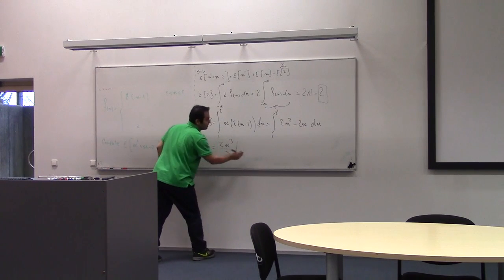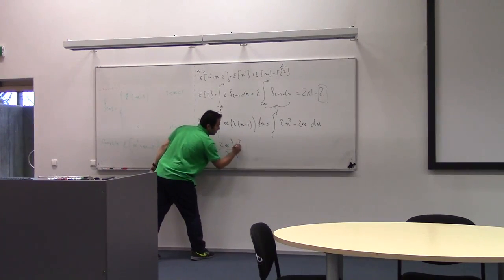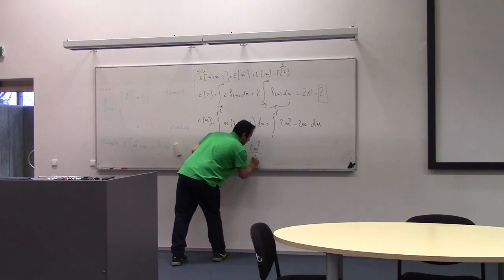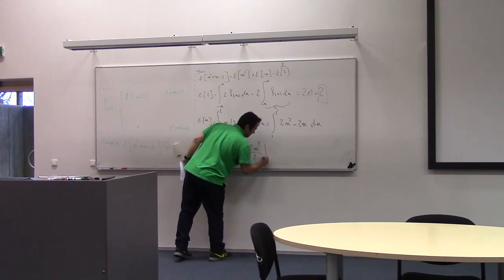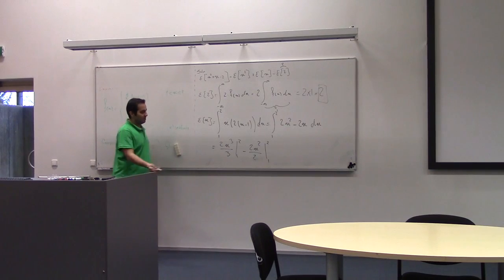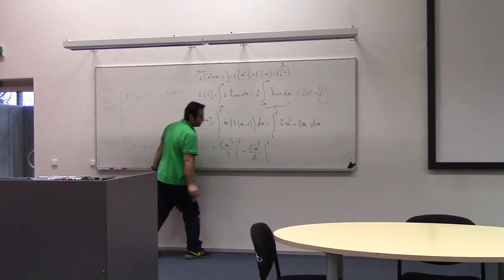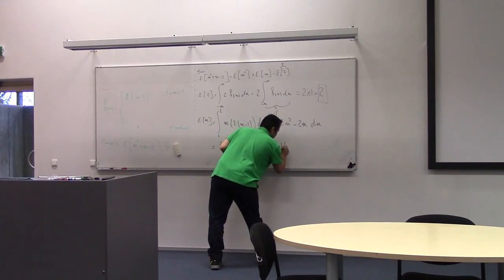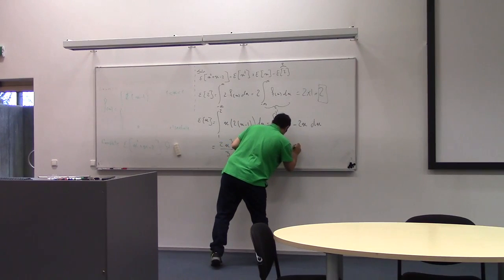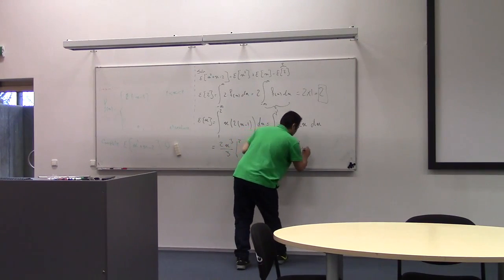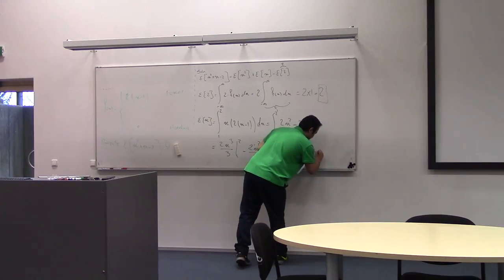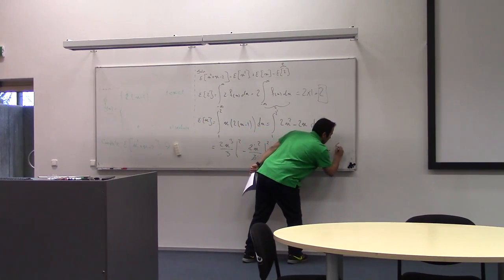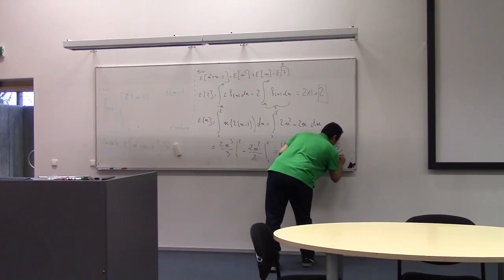2x cubed over 3 between the range of 1 and 2, minus 2x squared over 2 between the range of 1 and 2. We can easily evaluate these, and as a result we have 16 over 3 minus 2 over 3 minus 4 plus 1, which is equal to 5 over 3.